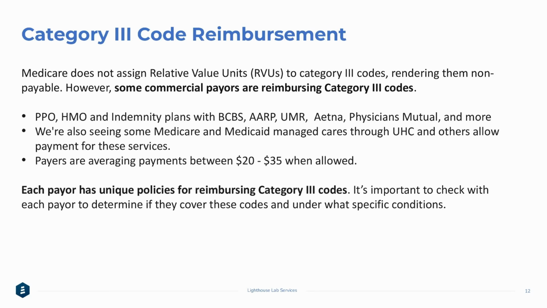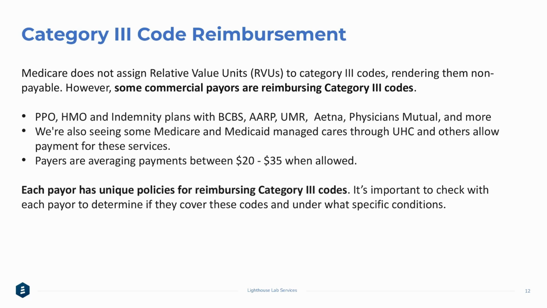Right now, Medicare doesn't assign an RVU to Category 3 codes, rendering them non-payable. We do, however, know that some MACs have the discretion to determine allowable payments for these codes on a case-by-case basis. What we are seeing is some commercial payers are reimbursing the Category 3 codes.